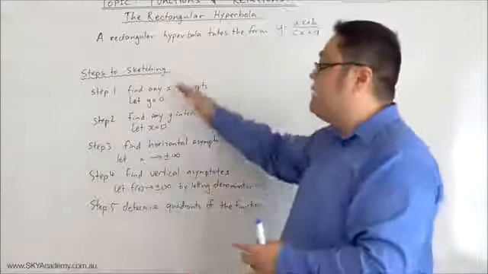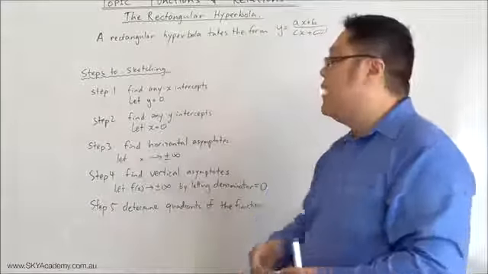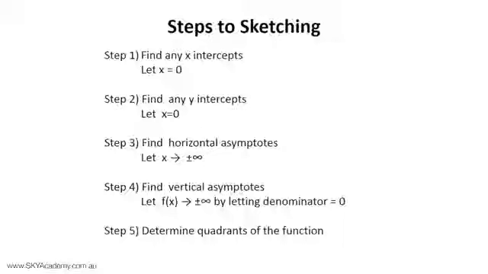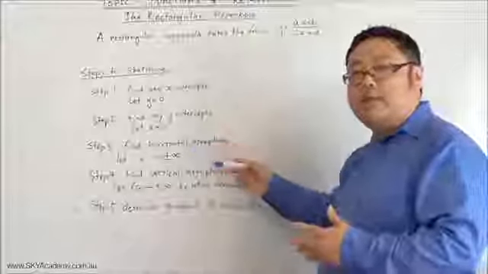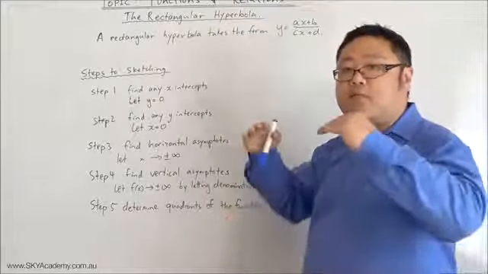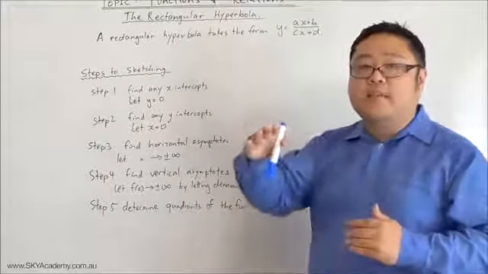There is a 5-step method that I like to employ to graph a rectangular hyperbola. Number one, find any x-intercepts by letting y equal 0. Two, find any y-intercepts by letting x equal 0. Three, find horizontal asymptotes by letting x approach positive infinity and negative infinity, and see where the curve tends towards.